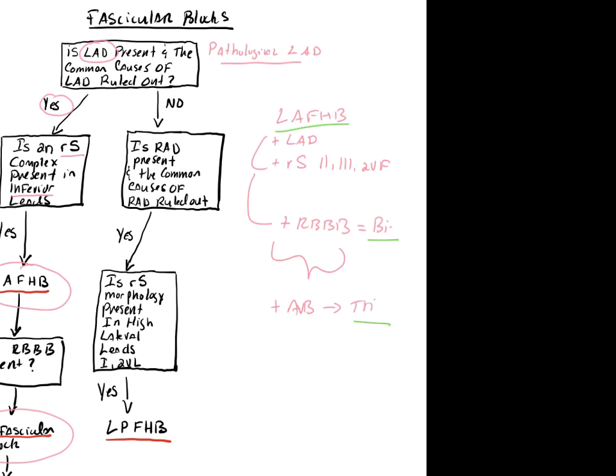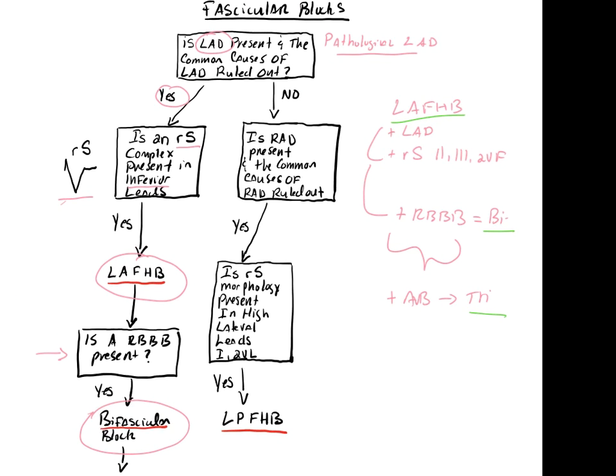Okay. So let's go back up to the top now, and let's say that left axis deviation isn't present. So if you do not have left axis deviation, you cannot have a left anterior fascicular hemiblock. So then you go down the no pathway and you ask, well, is there right axis deviation? If the answer to that is yes, then you go, well, is there little r, big S morphology in the high lateral leads?